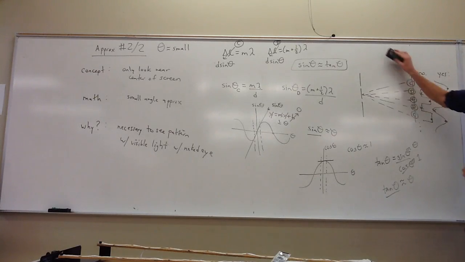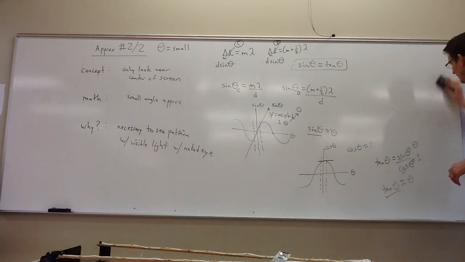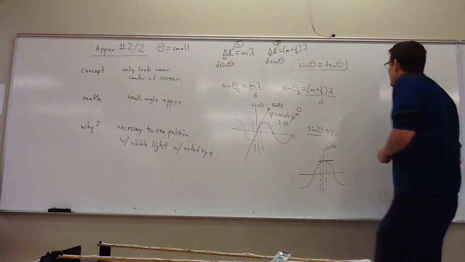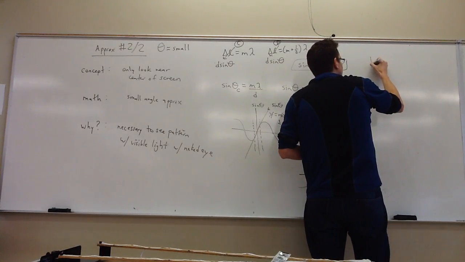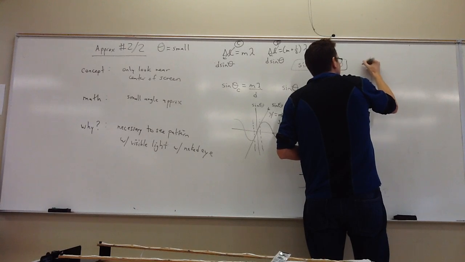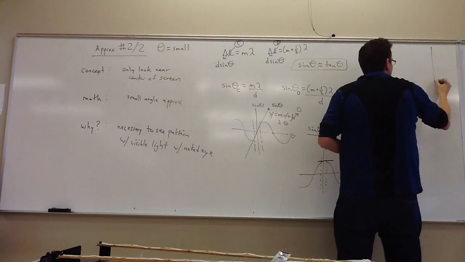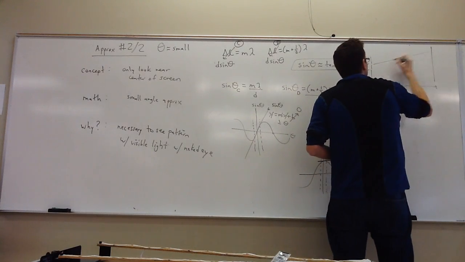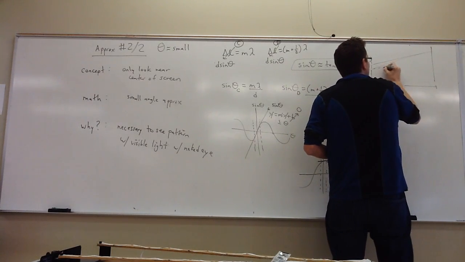Okay. So, let me go back to my diagram. I wish I had it still on the board, but I'm going to redraw it again, I guess. I have my two slits, slit separation D. I have my screen over here, distance capital L away. I have basically two lights going out, light beams going out there.